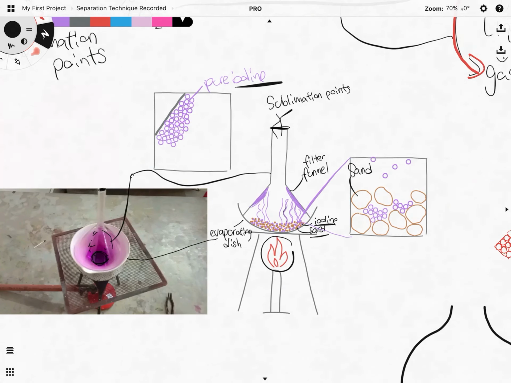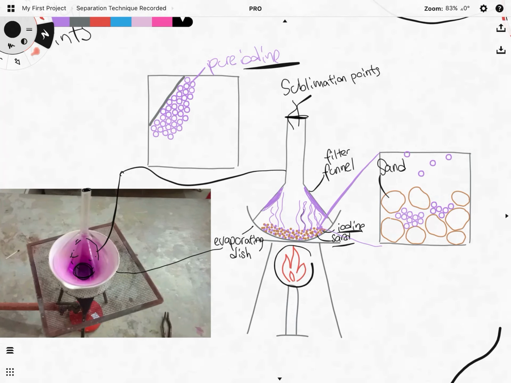Alright, so that's a very simple technique, sublimation. Are there other solids that can undergo sublimation other than what I've introduced to you, iodine as well as dry ice? Yes, there is a solid called ammonium chloride that can also undergo sublimation. Another chemical that can undergo sublimation is naphthalene.